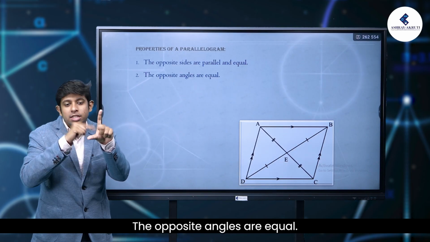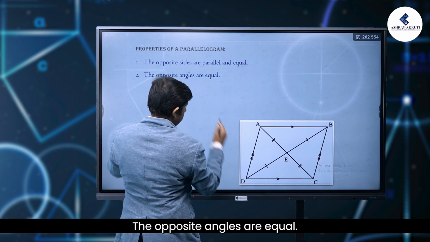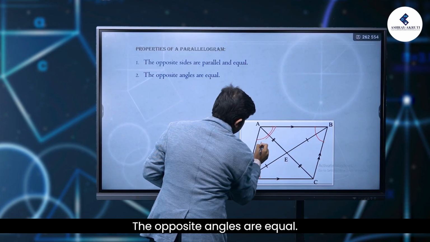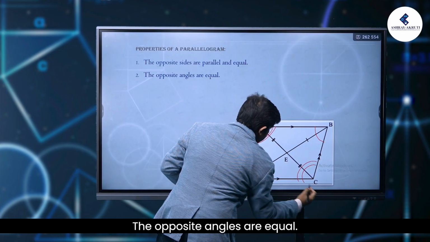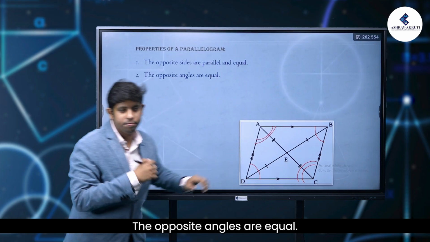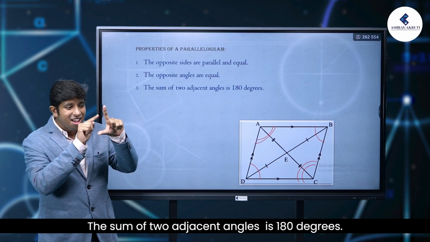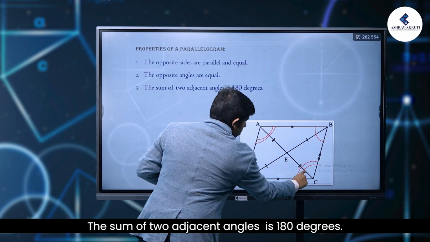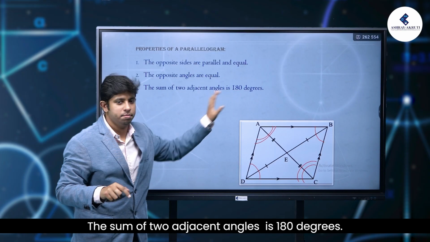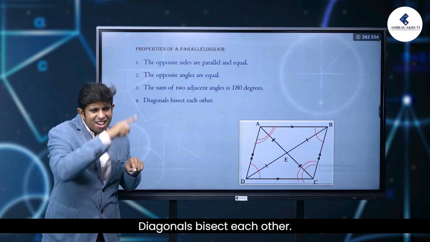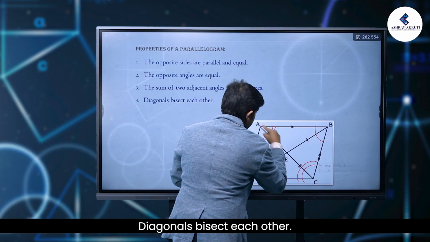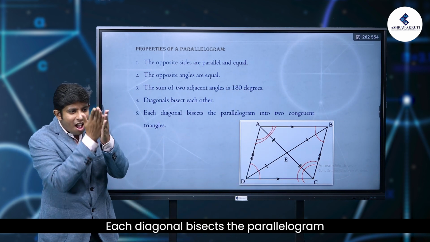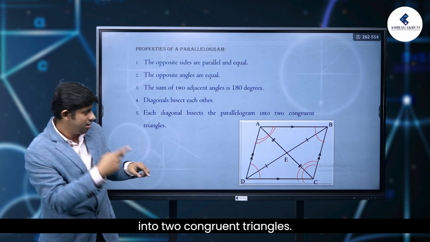The opposite angles are equal. The sum of two adjacent angles is 180 degrees. Diagonals bisect each other. Each diagonal bisects the parallelogram into two congruent triangles.